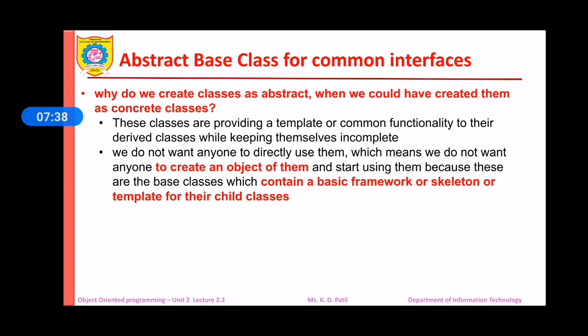So there can be a single abstract class, or there can be an abstract base class for all the common interfaces, for all the derived classes who want to use those common functionalities or common interfaces.